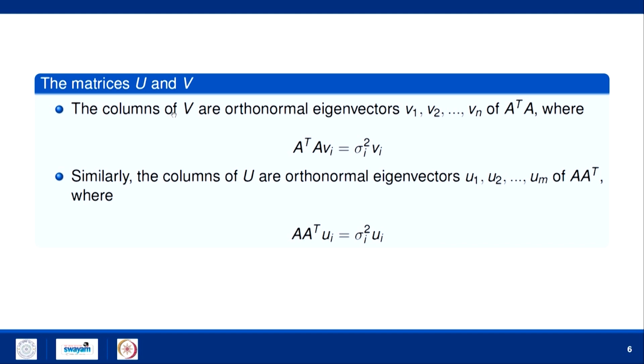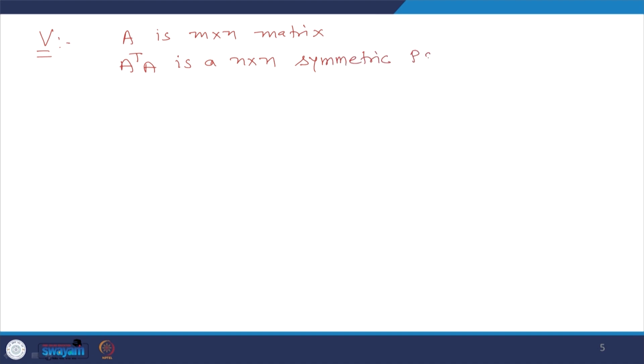The columns of V are the orthonormal eigenvectors v1, v2, up to vn of A transpose A. Let us talk about matrix V. A is an m by n matrix, then A transpose A is an n by n symmetric positive semi-definite matrix.